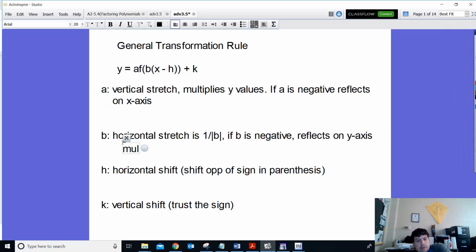Multiply x values by 1 over the absolute value of b. Sometimes it stretches, sometimes it compresses. Then we just call it a horizontal stretch.